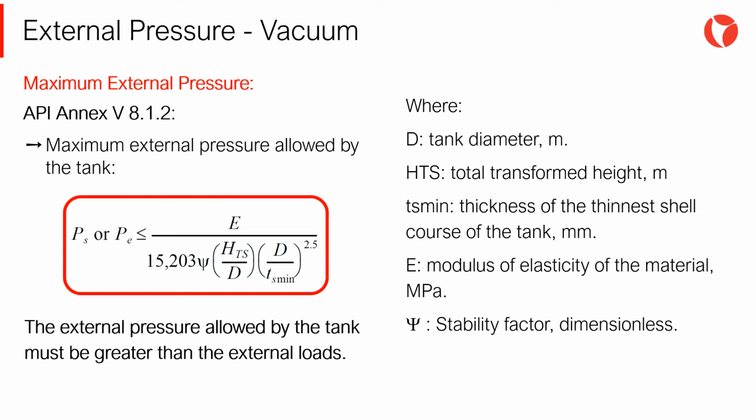The procedure is shown on the screen, where d is the tank diameter, HTS is the total transformed height, Ts min is the thickness of the thinnest shell course of the tank, E is the modulus of elasticity of the material, and C is the stability factor. If the tank shell allowable pressure is smaller than the acting loads, the tank shell moment of inertia must be increased. In other words, stiffening rings should be used.